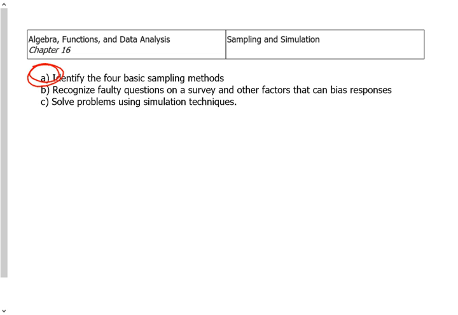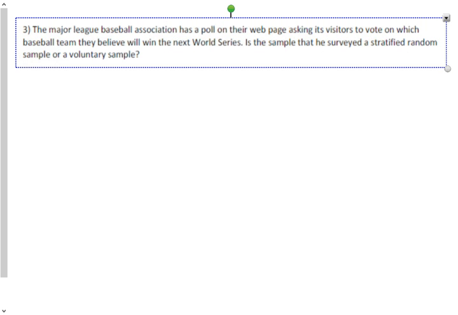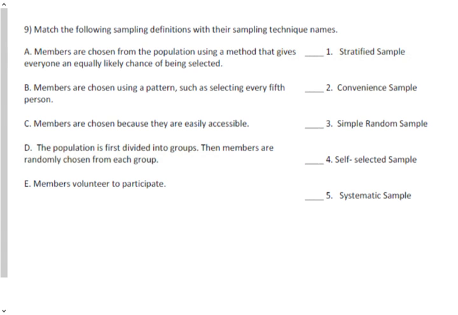In part A, I do say 4, there's actually 5. We're going to go down to this question, because here are the 5 different types of sampling. Now, our objective said 4, because I'm not counting the random sample as one of the basic techniques.